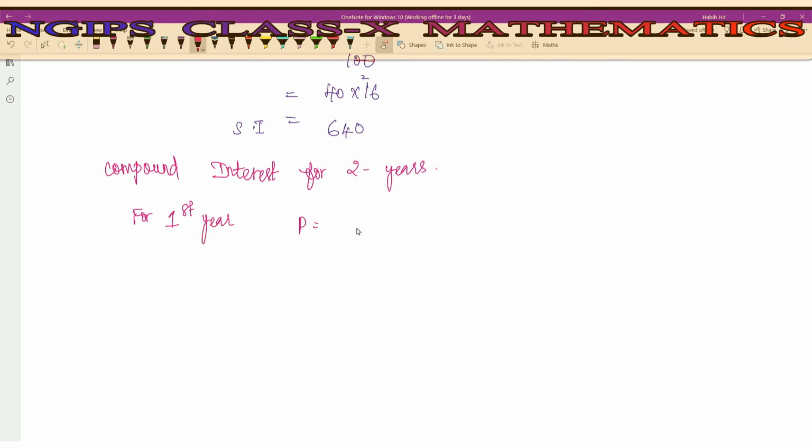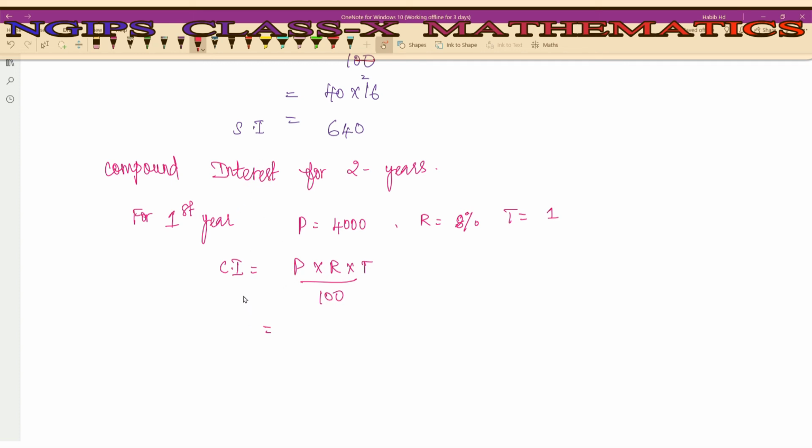The principal is 4000, the rate of interest is 8%, and the time period is 2 years, but we need to take it for the first year, so t is equal to 1. So the compound interest is equal to principal into rate into time divided by 100.